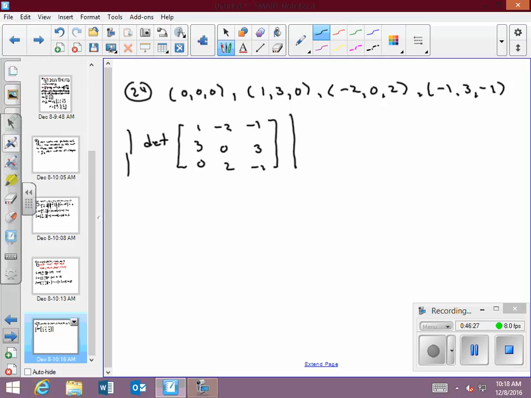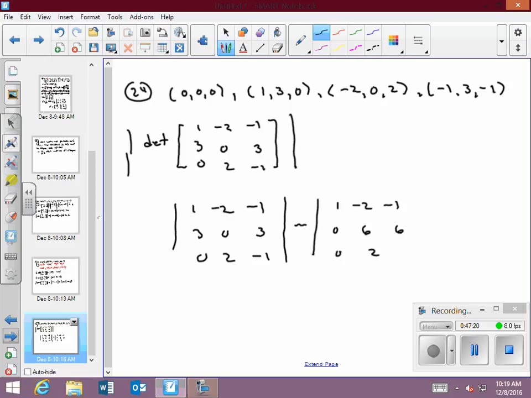Now we can either expand along a row or column, or we can reduce it so we get a triangular matrix. 1, minus 2, minus 1, take 3 times negative 3, add it to 0, 6, 6, is that right?